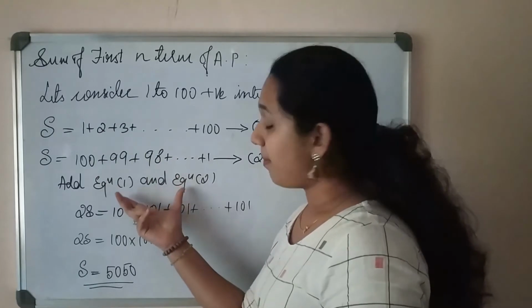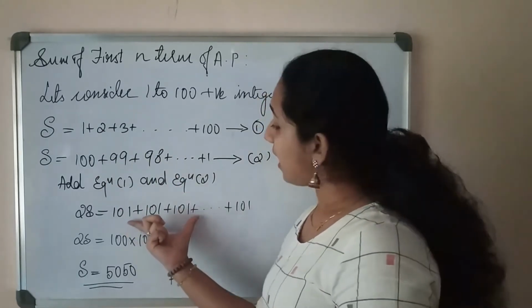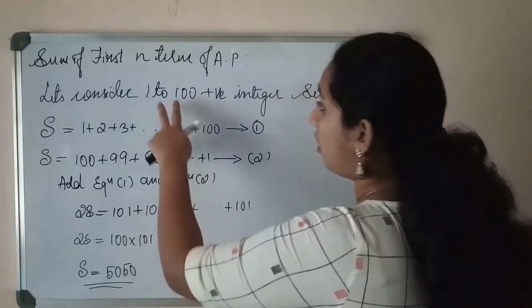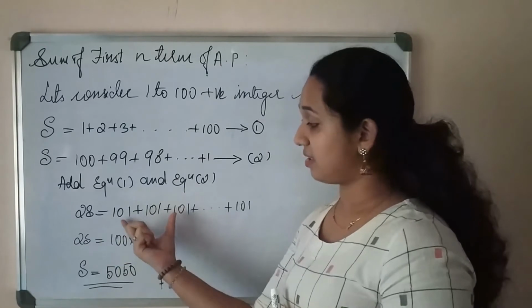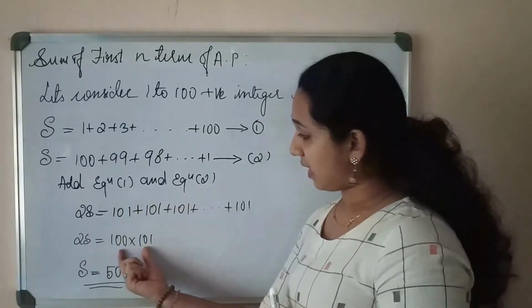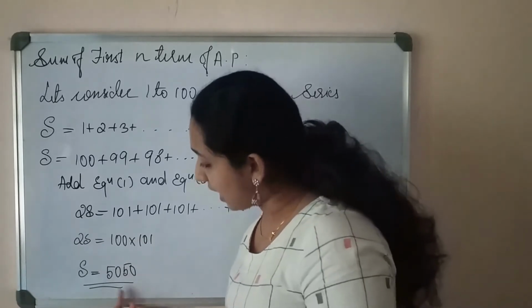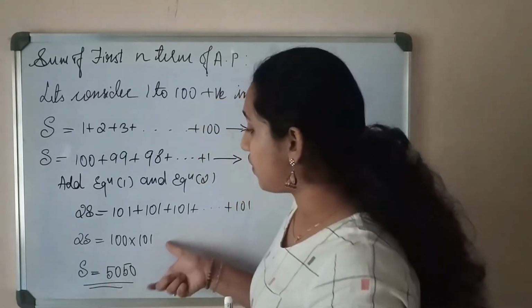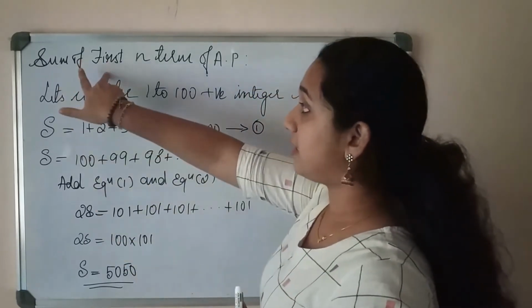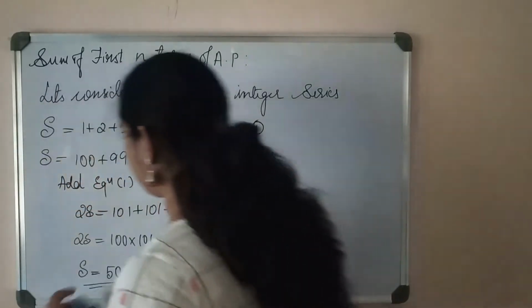I added them and came to another equation, which I solved, because I know I have taken 100 integers. I get 101 one hundred times, then divide by 2, and finally obtain S as 5050. I'll be using this method to obtain the sum of first n terms. Let's do that.